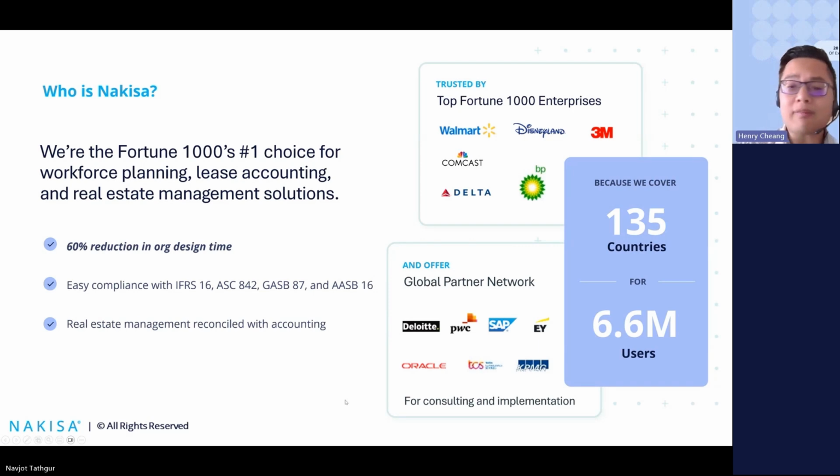And it's not just empty, hollow words here. We give good results. We can offer our clients up to a 60% reduction in their org design or workforce planning time based off of the solutions we have as of this moment.